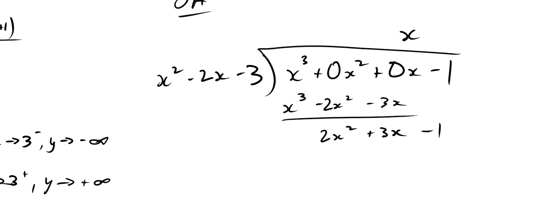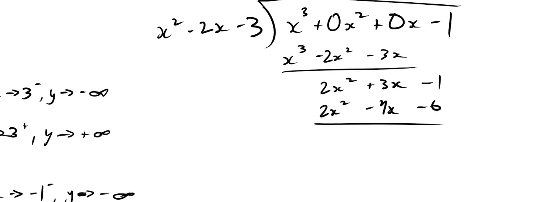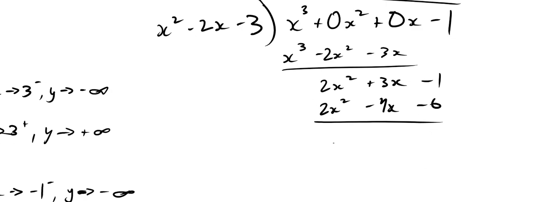And rinse and repeat. x squared goes into 2x squared, positive 2 times. So I get 2x squared. 2 times negative 2 is negative 4x. 2 times negative 3 is negative 6. And I subtract, and I get 0 here. That has to happen. And I get 3 minus negative 4 is positive 7.